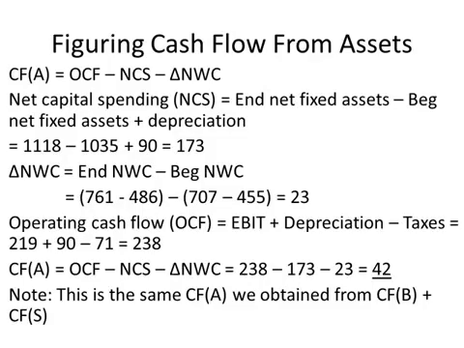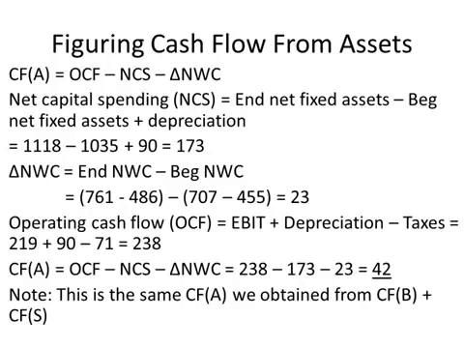And we go about this in a roundabout way. What we're going to do is take the ending net fixed assets and subtract out the beginning net fixed assets. Now, there's one problem here. That ending net fixed assets has been lowered by the amount of depreciation compared to beginning net fixed assets and the actual net capital spending. So we're going to have to add that back.